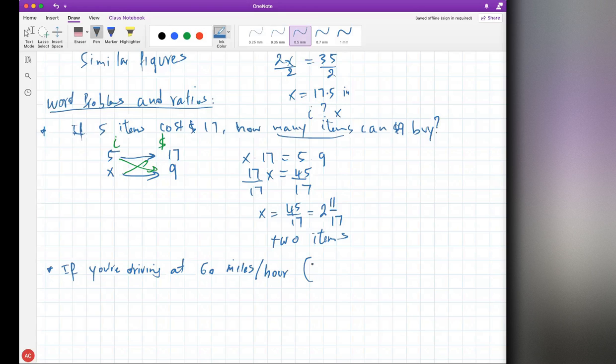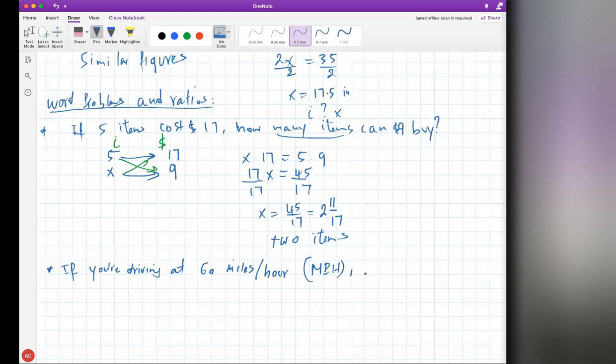Another symbol for this is mph. Okay, that's the speed of a car or something. So mph is the abbreviation or the acronym, and this is another way of writing it. So you're driving at 60 miles per hour.